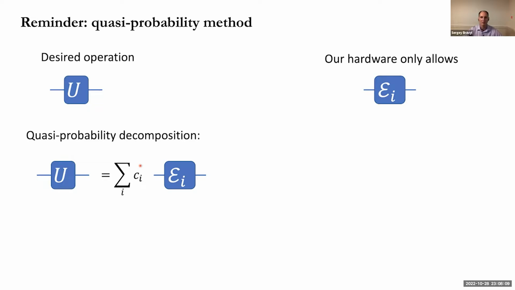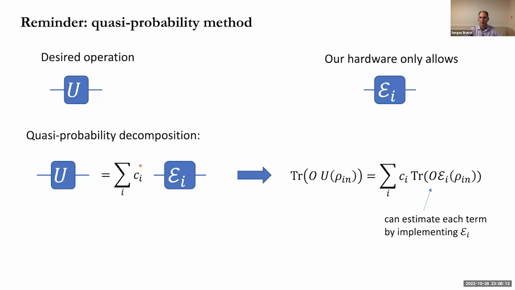So they are not necessarily probabilities. Then by the linearity principle, the desired expected value becomes a linear combination of things that we can measure on hardware by implementing each of these operations E sub i and measuring the observable O.